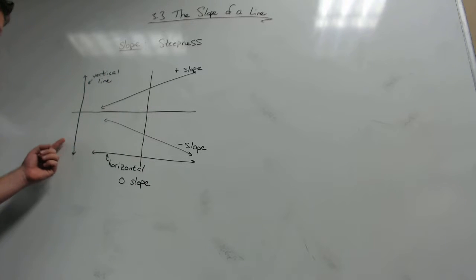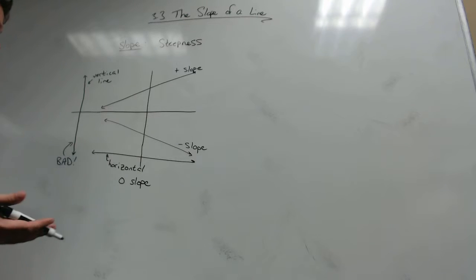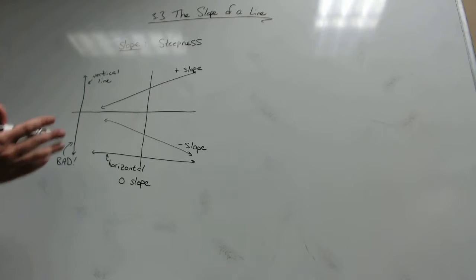For a vertical line, vertical lines are no good. They're bad for lots of reasons, and we're going to see why at the end of this chapter, or one reason why they're bad. But the more math you take, the more times they pop up, and they always characterize something bad going on.